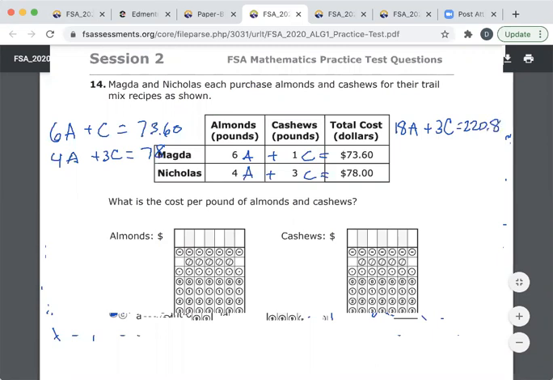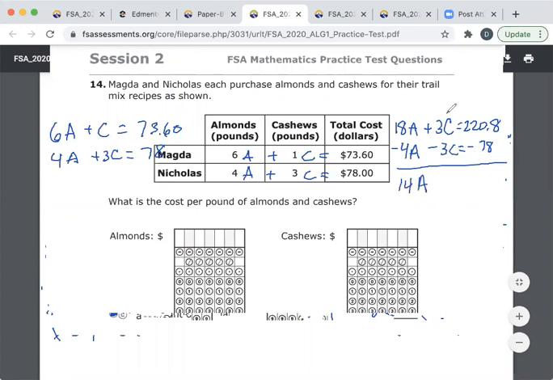And then the second equation, I'm going to subtract. So minus 4A minus 3C minus 78. Make sure I do it consistently all the way through. I multiplied everything by like a negative 1. Now I can simplify. 18A minus 4A is 14A.